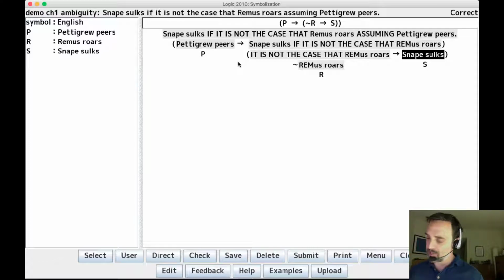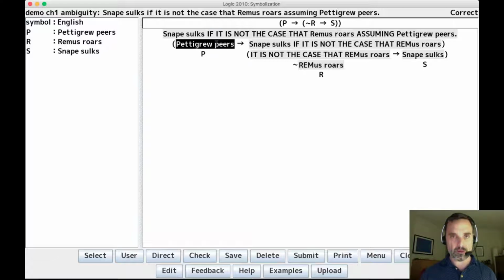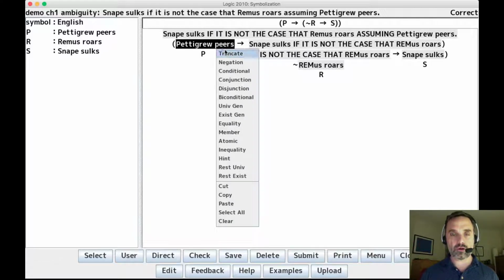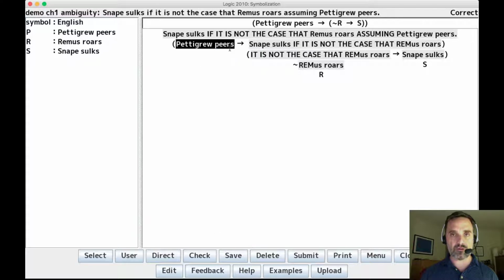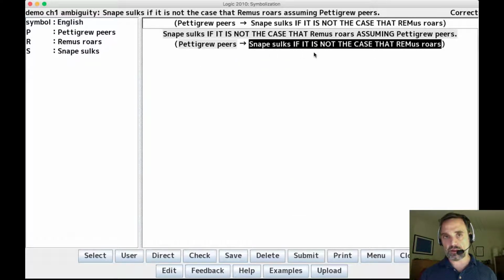But this sentence is ambiguous, and so we want to try now symbolizing it another way. We noted initially that both assuming and if could be the main connective. So now we're going to try it with if as the main connective. If you click here, you can go to truncate. Truncate chops stuff off. It cuts off everything beneath there.